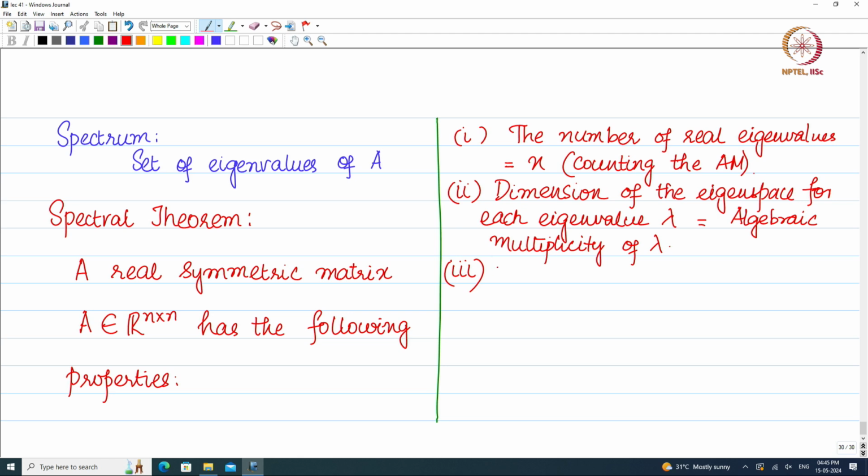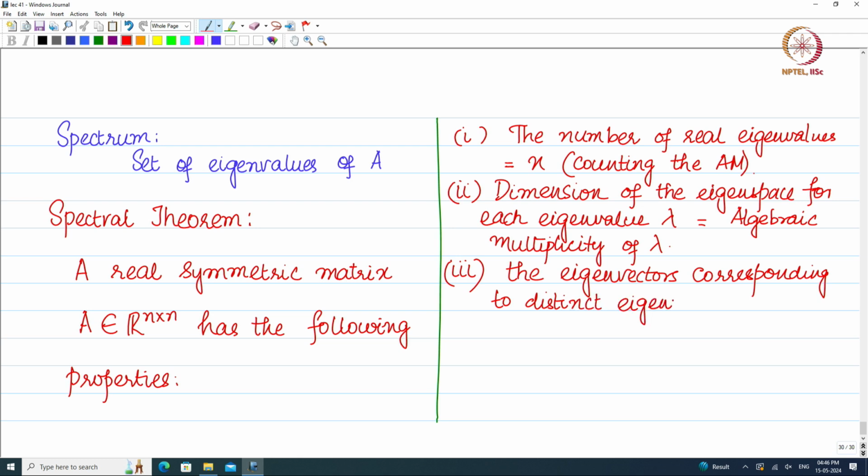So, the eigenvectors corresponding to distinct eigenvalues are mutually orthogonal to each other.